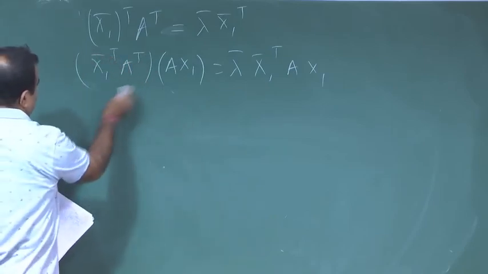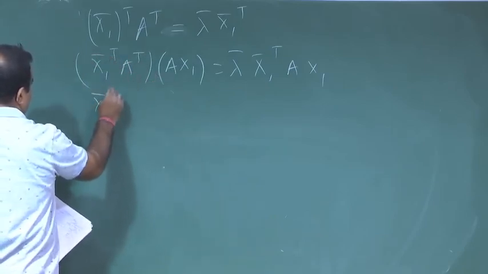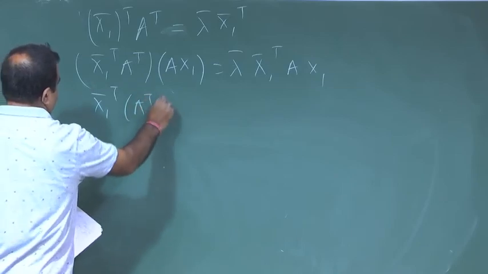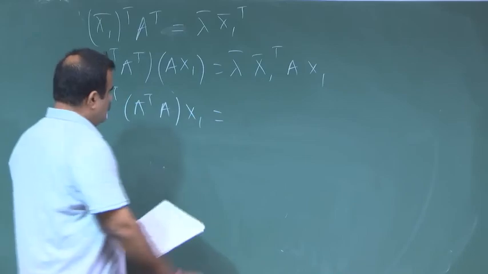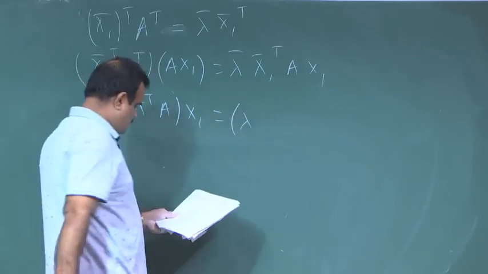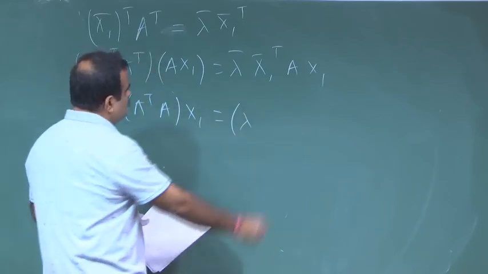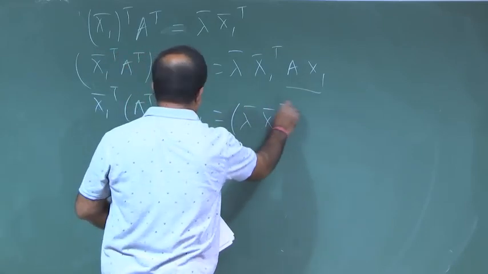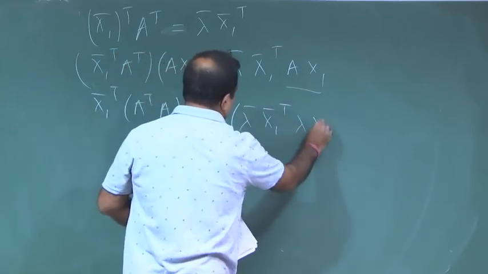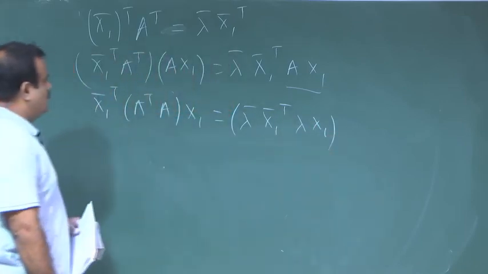Okay. So, now A x 1 is nothing but lambda x 1, so the right side is lambda bar lambda x 1 bar transpose x 1.